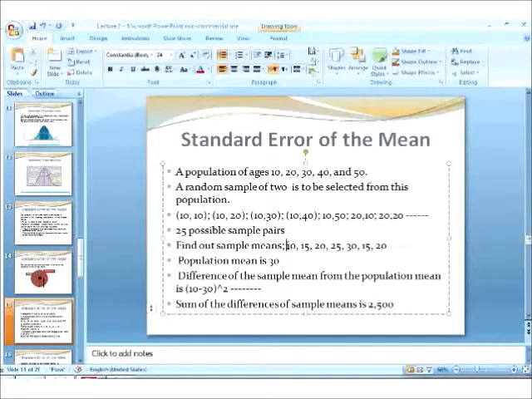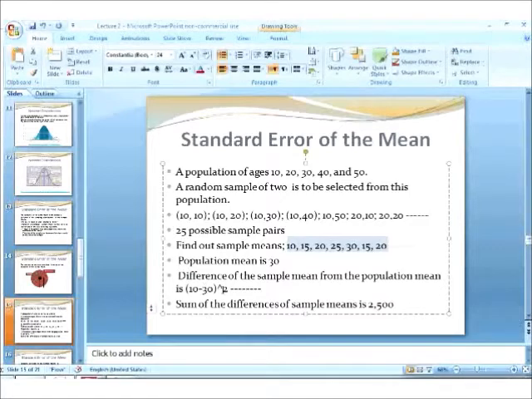So the population mean here is 30, and these are the 25 different data points. Let's think of these means as 25 different sample data points, the means of these small 25 samples. Now I take the difference of the sample mean from the population mean and square it, like we do when we compute the variance.